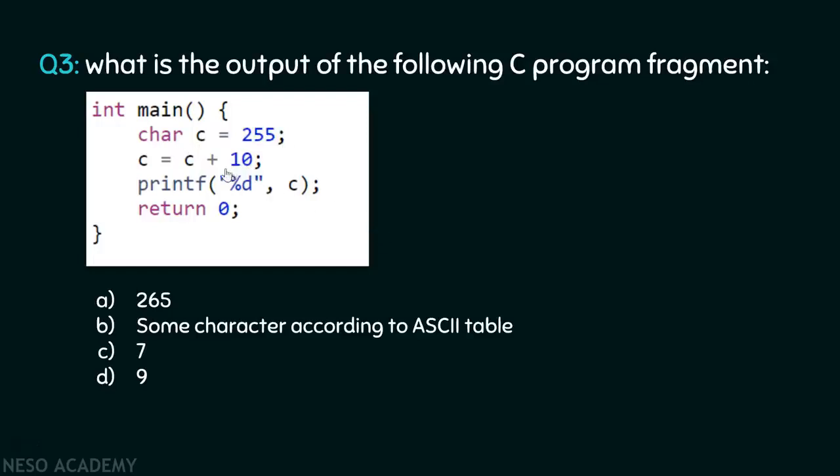Here the value is 265, therefore we calculate 265 mod 2 raised to the power 8. 2 raised to the power 8 is equal to 256, therefore it is 265 mod 256, which equals 9. When we divide 265 by 256, we get the remainder 9. That is why 9 is printed on the screen. And therefore, the answer is D.